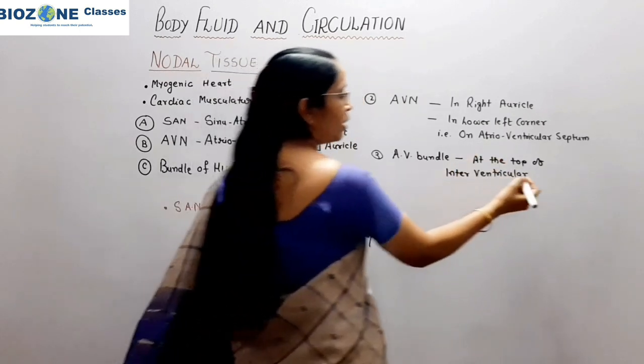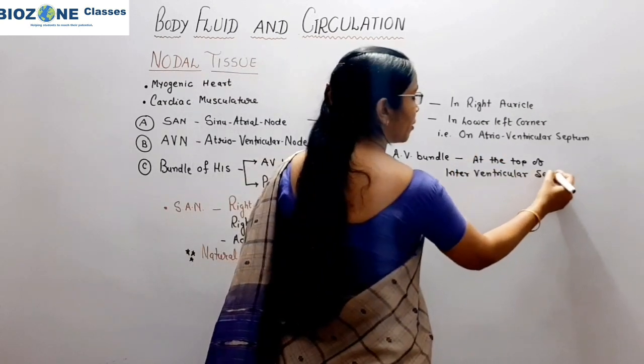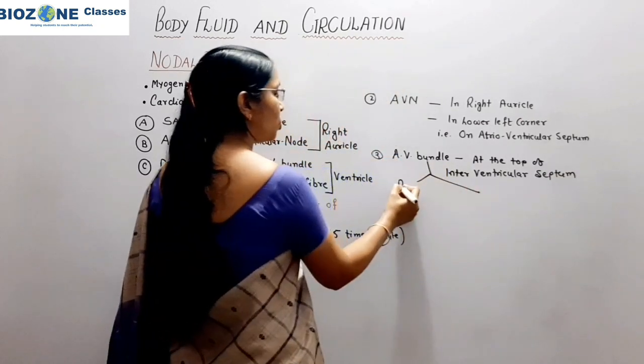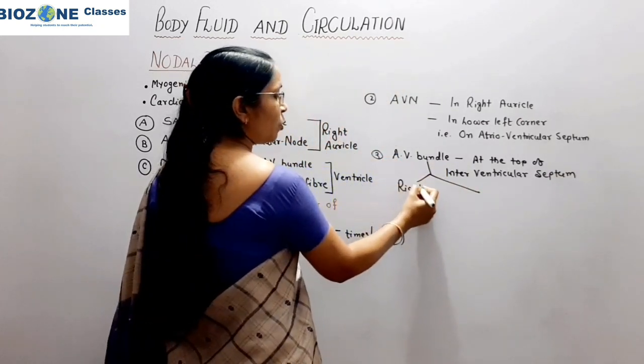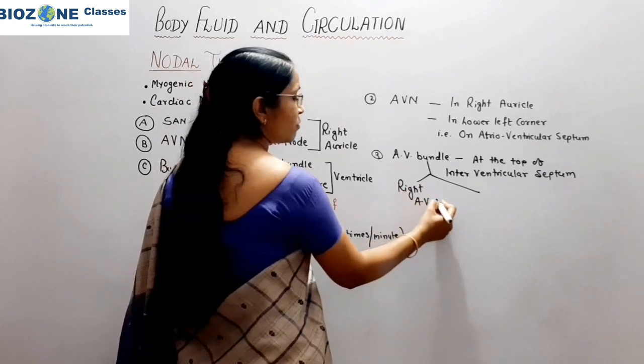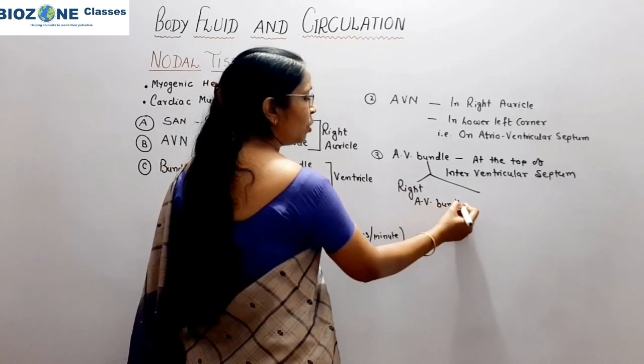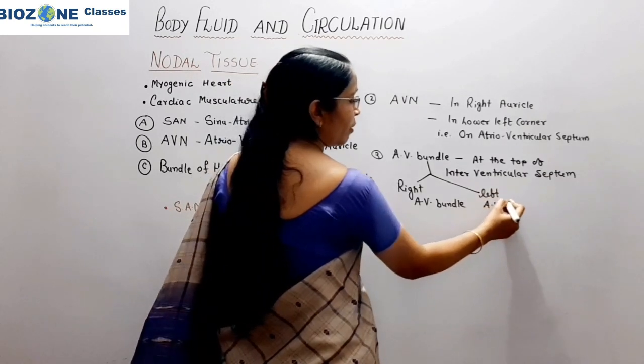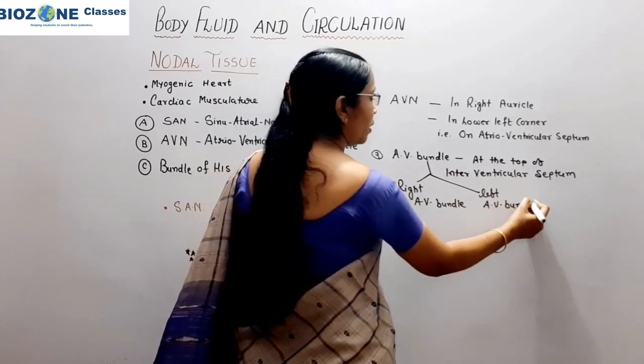at the top of the interventricular septum, this AV bundle divides into two. It divides into the right AV bundle as well as the left AV bundle. So this part you remember.